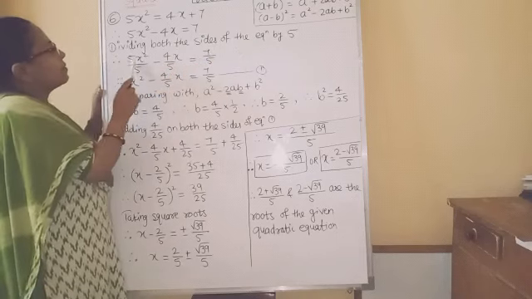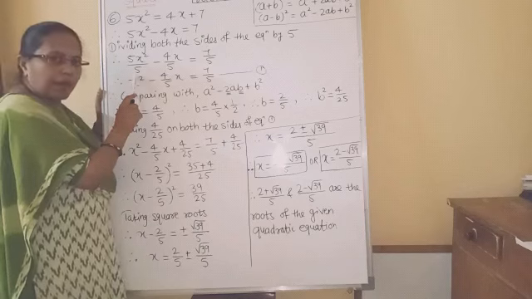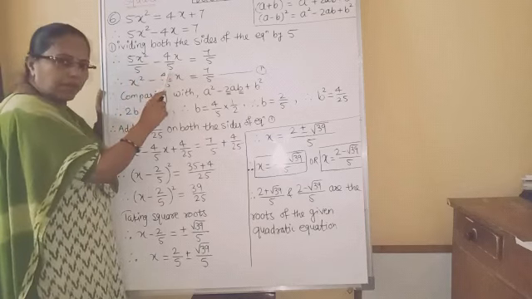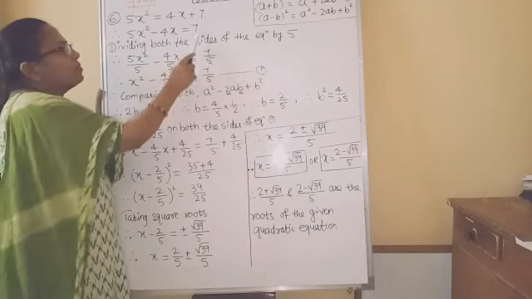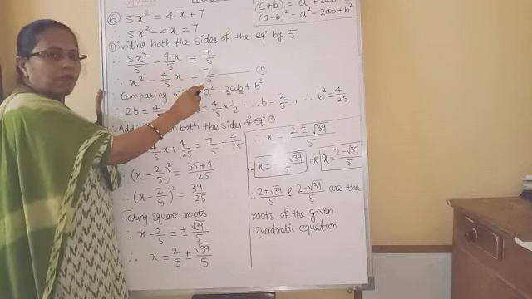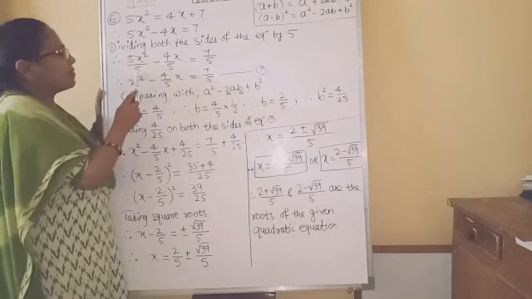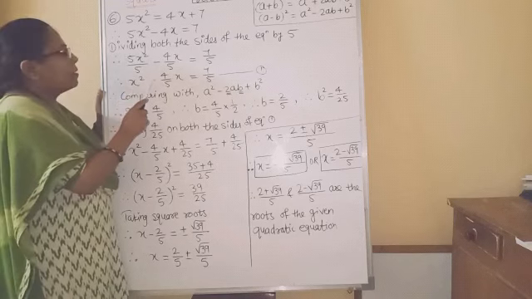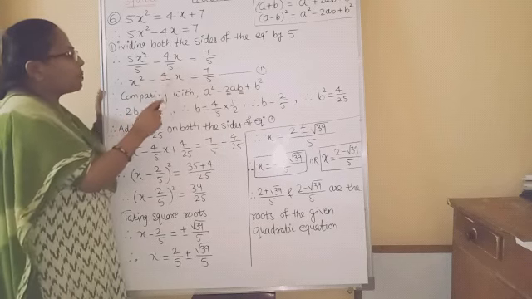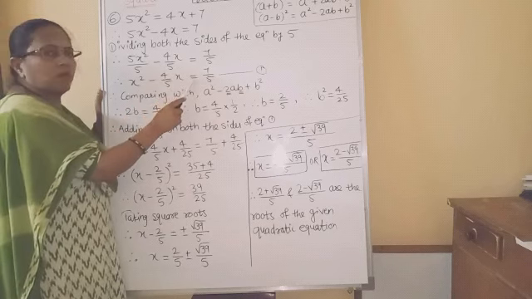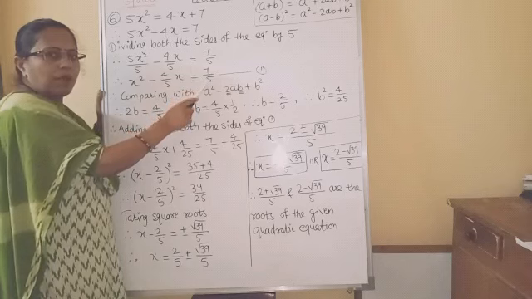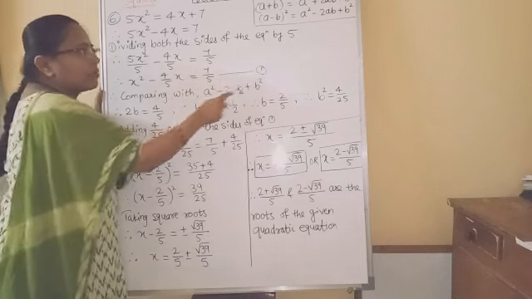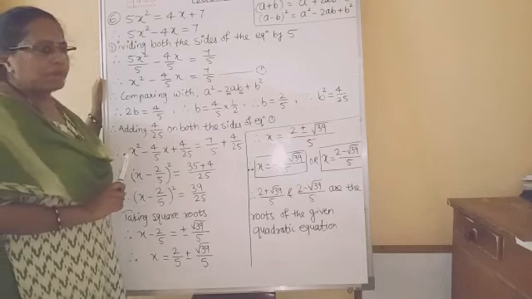First term 5x square divided by 5 minus 4x divided by 5 equal to 7 divided by 5. This 5 gets cancelled. So we will get x square minus 4 upon 5x equal to 7 upon 5. Understood? This is our equation number 1.